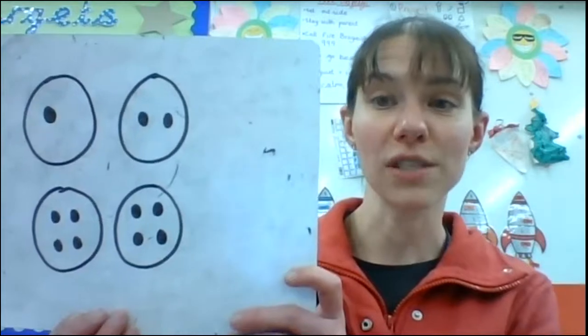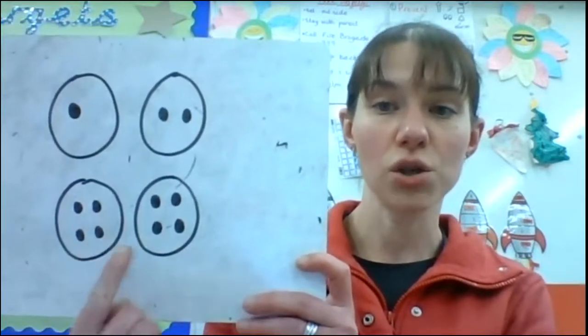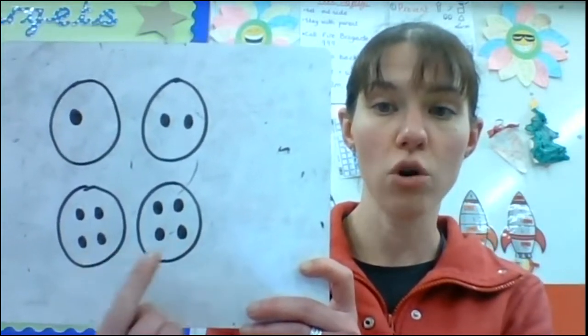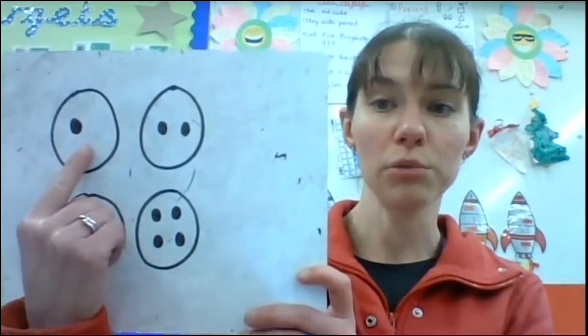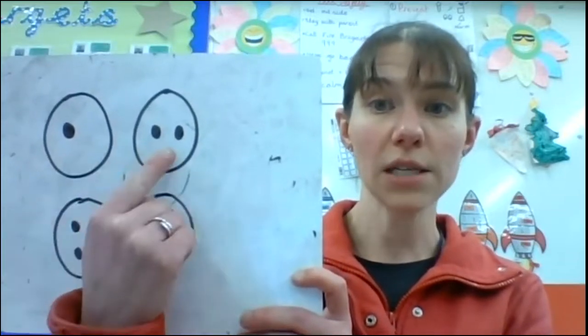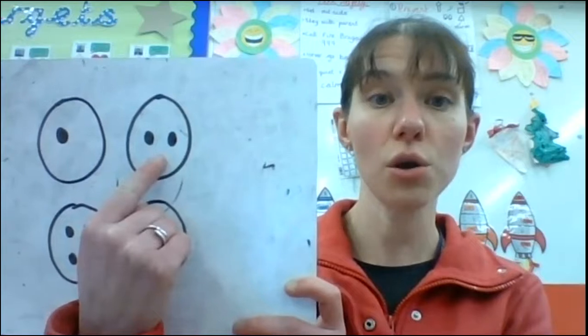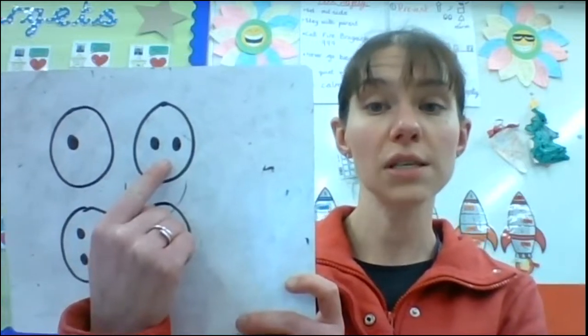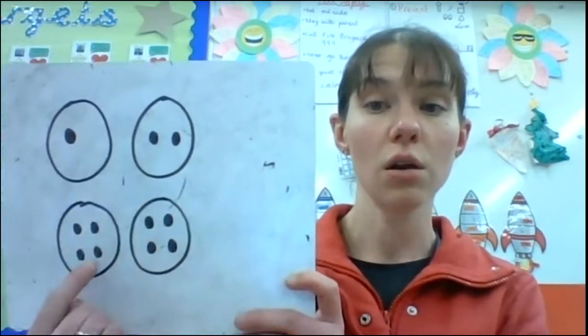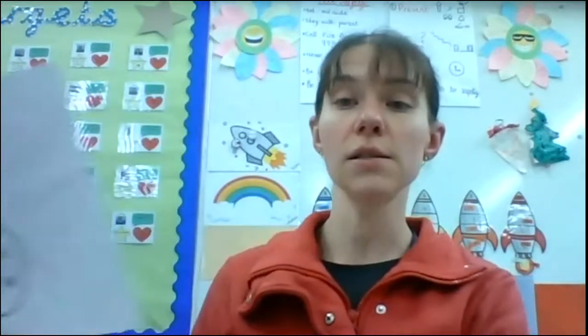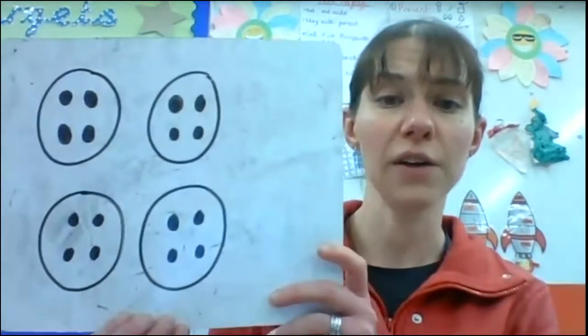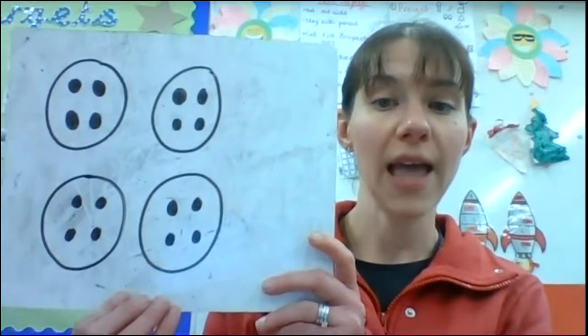I can see they're not equal because these 2 groups have got 4, so those ones are equal, but this group only has 1 and this group only has 2. So they are not the same. They're not equal like these 2 down here. So equal groups means they have to have the same number in them.